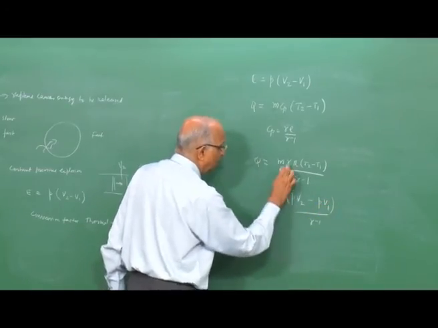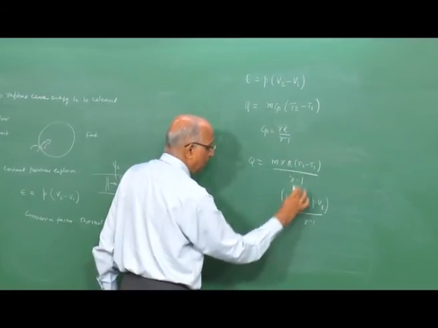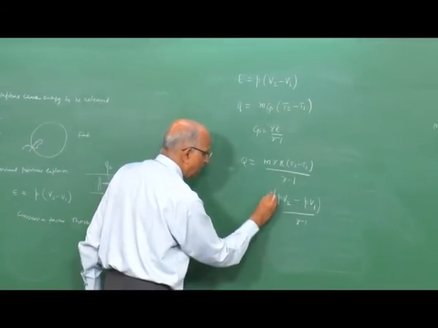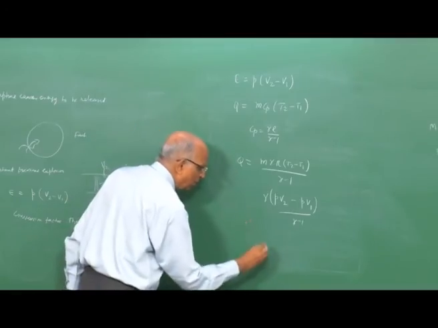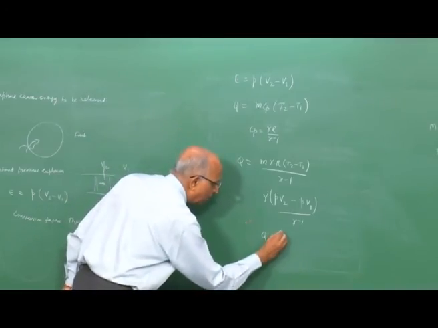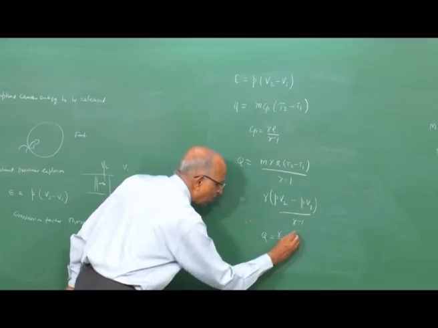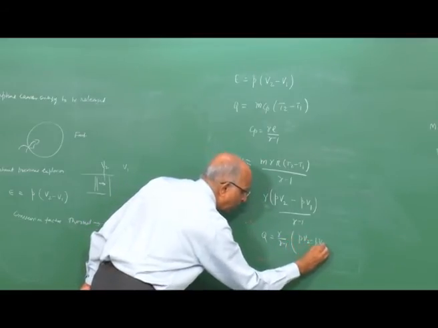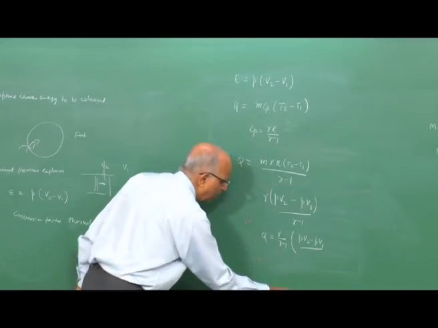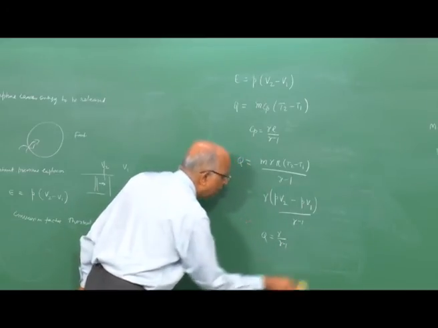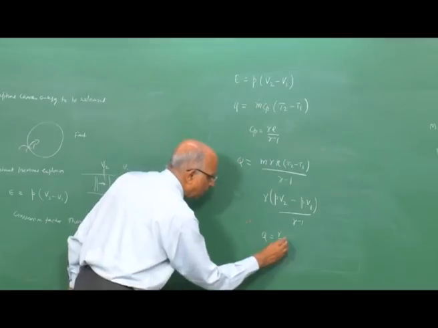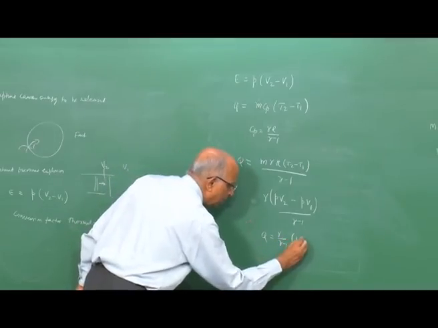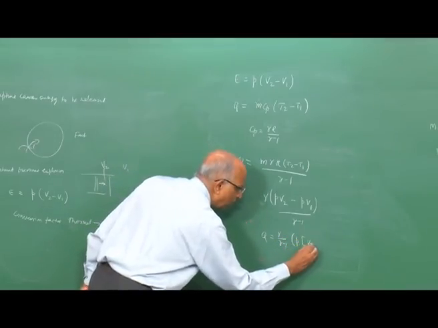So Q is equal to gamma divided by gamma minus 1 into P V2 minus P V1. That means I have gamma by gamma minus 1 into P into V2 minus V1.